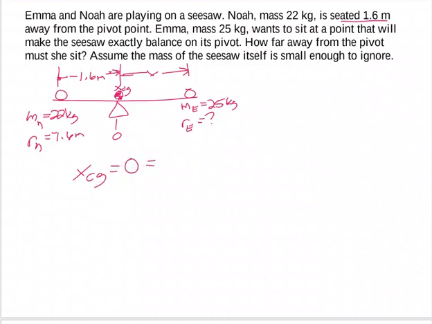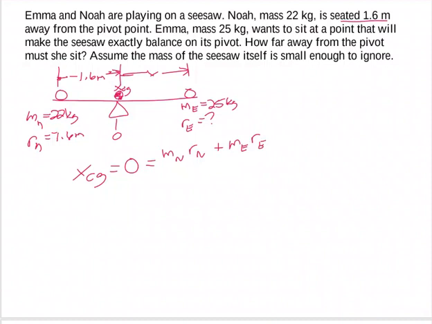Okay, now we can use the formula. So it's always x1 m1 plus x2 m2 plus x3 m3 and so on. So x1 m1 would be mass of Noah times radius of Noah, plus mass of Emma times radius of Emma.